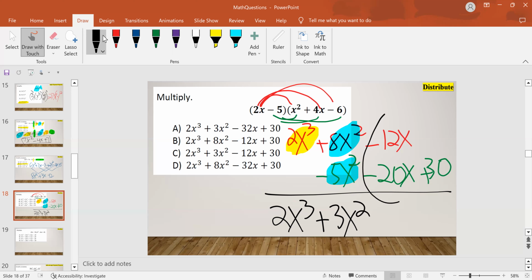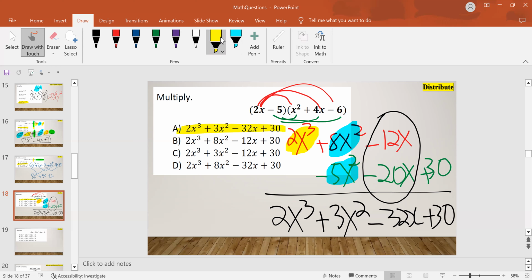After that, we have these also as like terms. Negative 12x minus 20x gives you negative 32x plus 30. Okay, so let's see which one here is the correct choice. We have 2x cubed plus 3x squared minus 32x plus 30. So that is it.